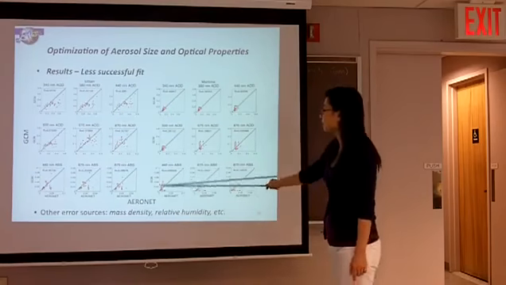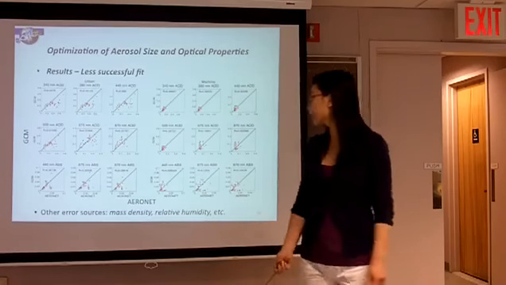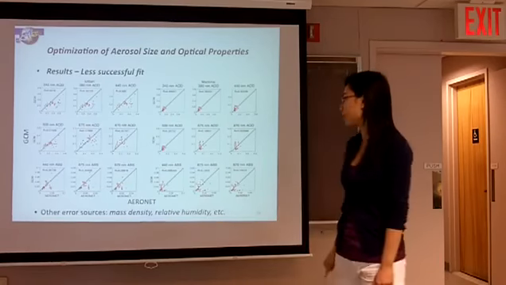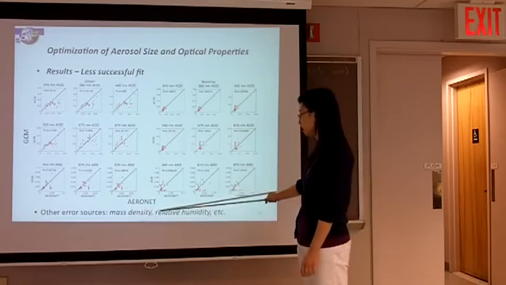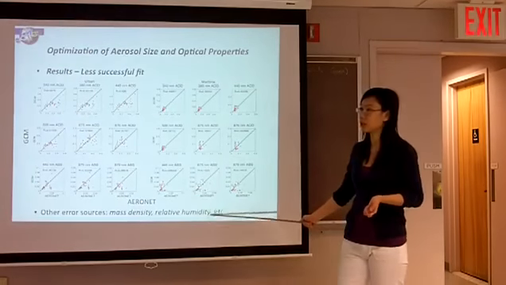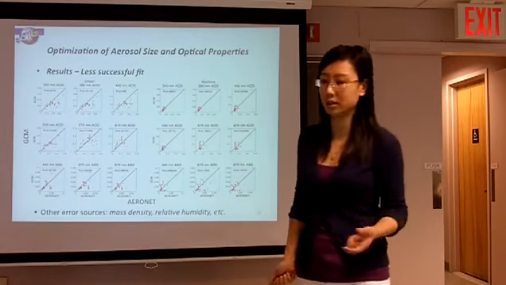And also the absorption optical depth is still pretty correlated. So we still have some space to improve, and the sources may come from the mass density itself or some relative humidity field, which affects the hygroscopic growth of the aerosols and then their size.